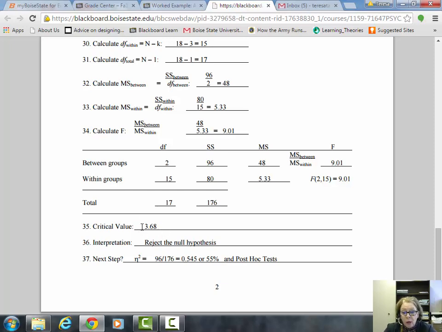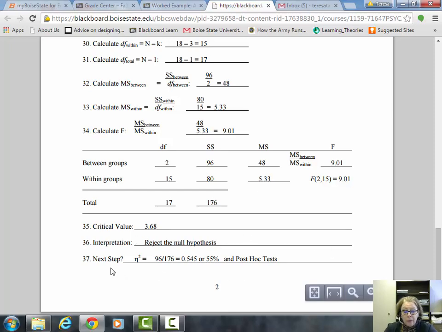The bolded one, if you're doing an ANOVA test at an alpha of 0.01, then the bolded value is going to be your critical value. If you're doing your ANOVA test with an alpha of 0.05, then the unbolded value is the one that you would select, and that's where this one came from, 3.68. And from there, you just determine whether your F-calc is larger than your F-crit, and if it is, then you're able to reject the null hypothesis.